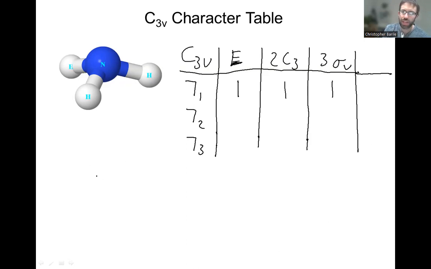And then there are various character table rules that I've gone over in other videos, and we'll continue to describe in future videos. But one of the character table's rules is that the sum of the classes, what we call the order, the total number of symmetry elements.